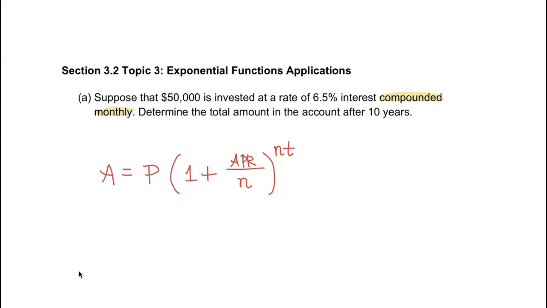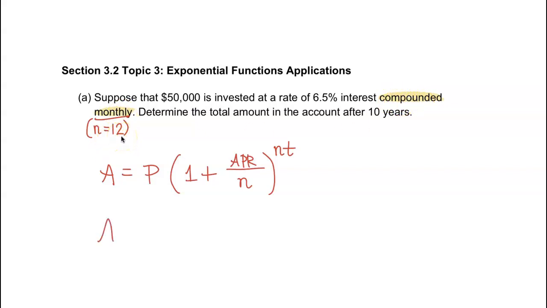When they said compounded monthly, we're going to use the N value of 12 because there are 12 months in a year. If you're doing quarterly, you're going to be using N equals 4 because there are 4 quarters in a year. So you need to look for that keyword that comes right after compounded. Compounded monthly, you're going to use N equals 12.